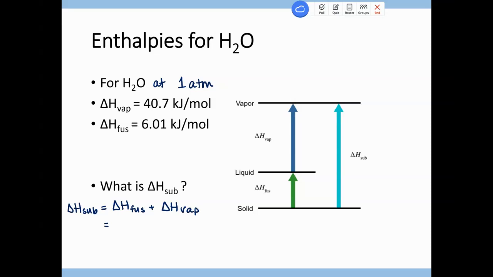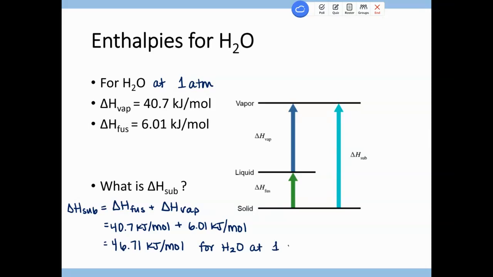And for water, we use water values: 40.7 kilojoules per mole plus 6.01 kilojoules per mole. So for water at 1 atmosphere, heat of sublimation is 46.71 kilojoules per mole.